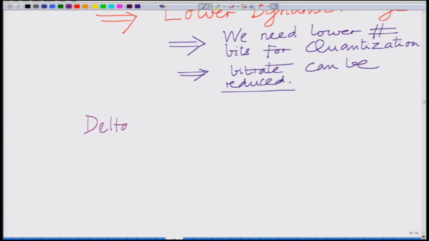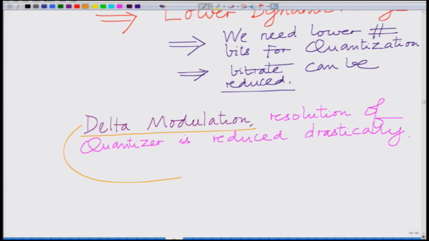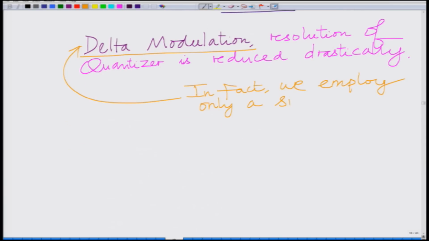So, in delta modulation, the resolution of the quantizer, in fact, we need only a single bit, as we are going to show.